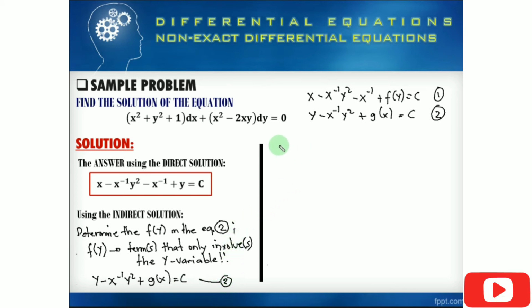So how will we determine the f as a function of y? Take note that this refers to the term or terms that only involve the y variable. In this case, the first term has the y variable, so it's okay. The second term we don't have, because it involves the x and y variables. And for the third term, only the y variable.